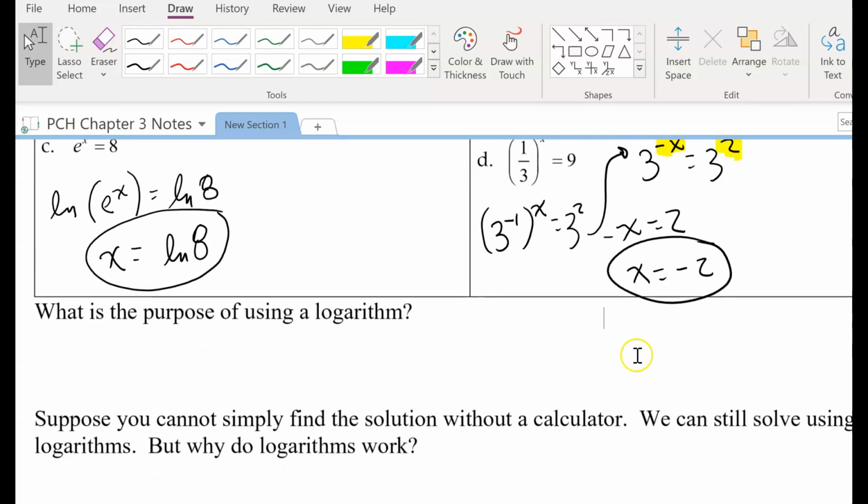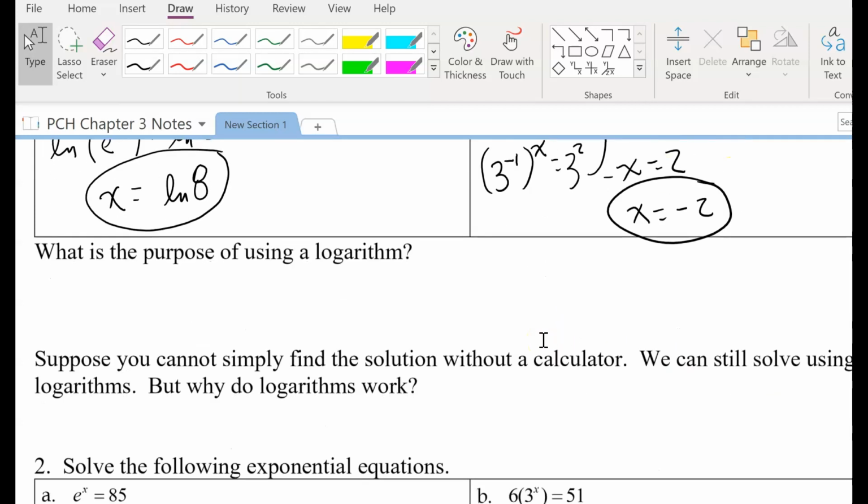Alright, so what is the purpose of using a logarithm?